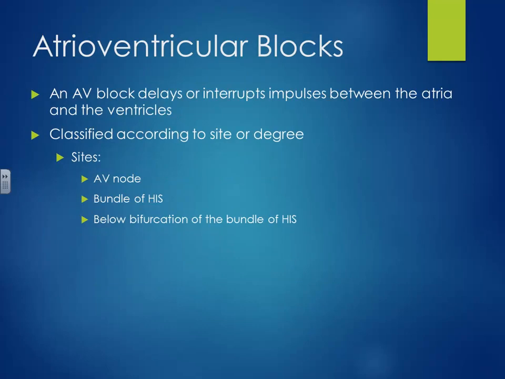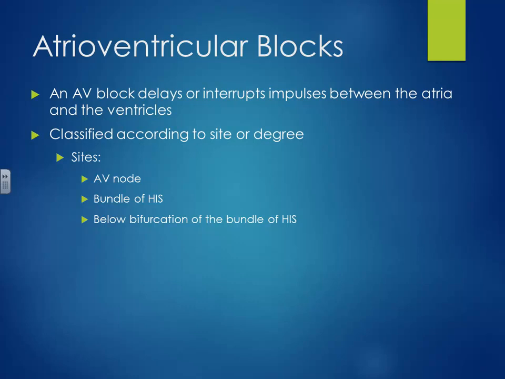Your AV blocks, this was a big thing that everybody kept saying we were having some issue with, looking at the AV blocks, especially the high degree. Can't spend a ton of time on this, but I do want to refresh you. All right, so there are two ways of differentiating AV blocks. Number one is classified by its site: at the AV node, the bundle of His, or below the bifurcation in the Purkinje fibers.